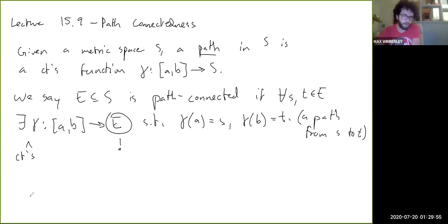Okay, so it's a very simple idea, and the only thing I'm going to say about it for now is this theorem, with a very quick proof.